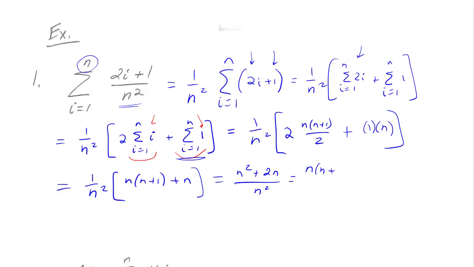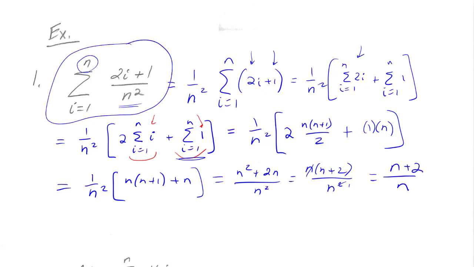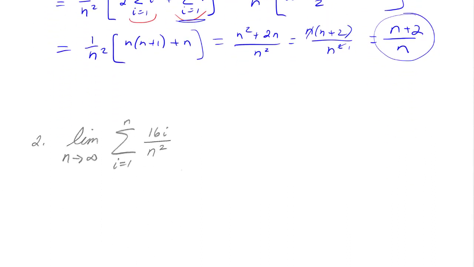Factor out an n, and we lose 1 from there, and so we get n plus 2 over n. And there you go. If you wanted to calculate what this summation is for any n, it's just n plus 2 over n.